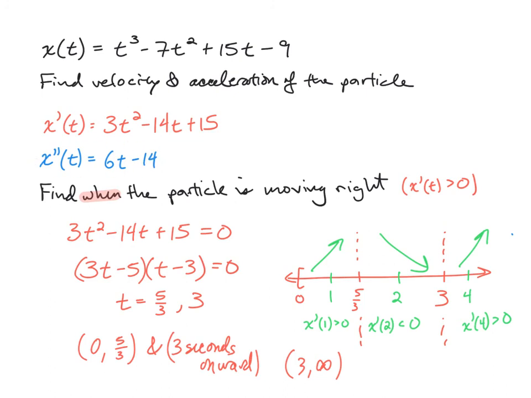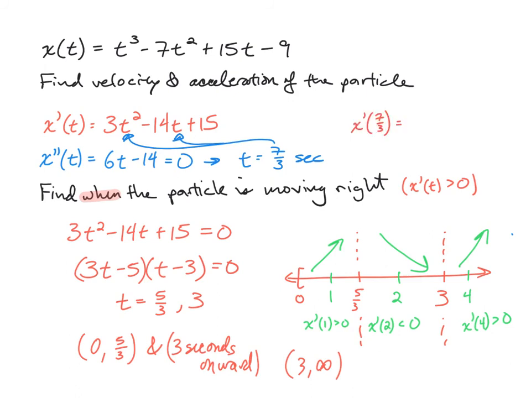If we set the acceleration function equal to 0 and solve for t, we find that the acceleration is in fact going to yield a value of 7/3 seconds. So if we want to find the velocity at time 7/3 seconds, we can just substitute this back into the velocity equation here.